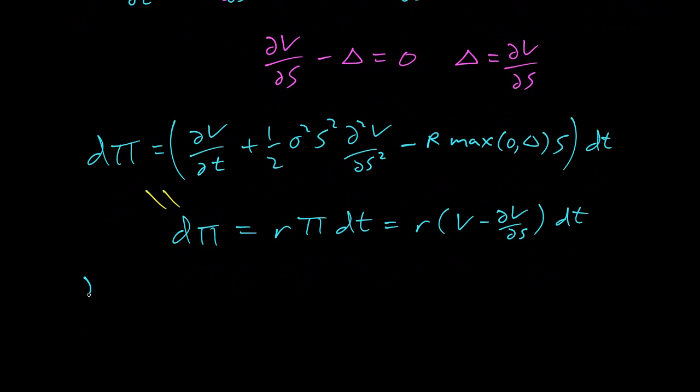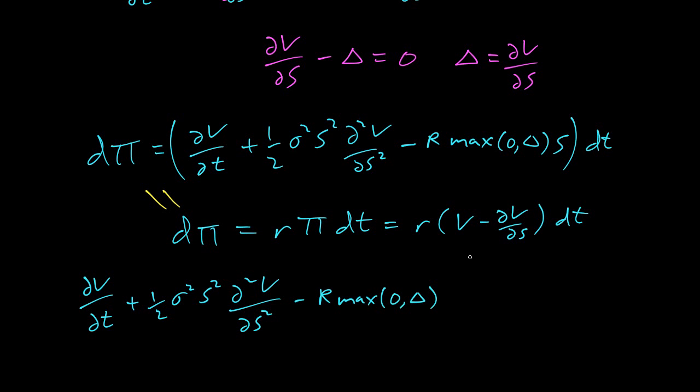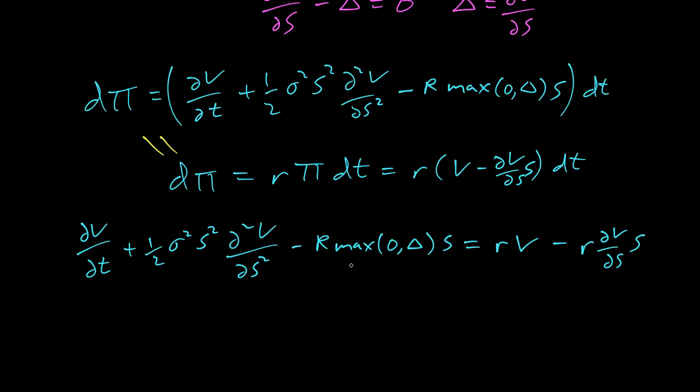We get partial of V with respect to t plus half sigma squared S squared second derivative, minus r max of 0 and delta times S, and then that equals rV minus r partial V with respect to S times S. So this is V minus delta S. All right, and now just collect all the terms on the left.